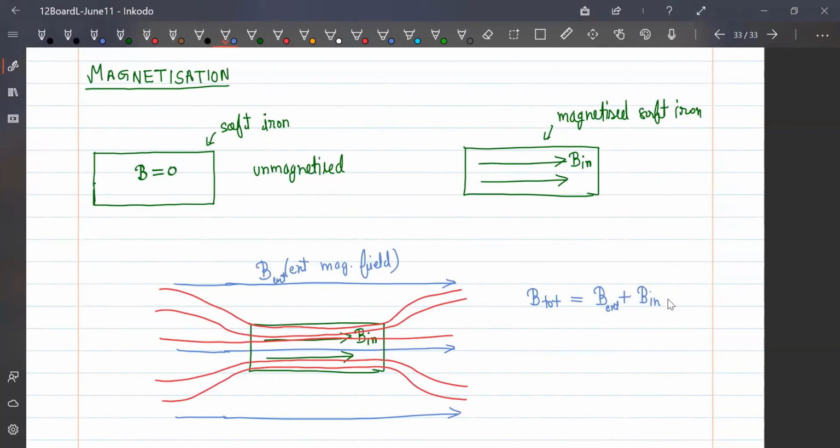And this will happen even if the soft iron is unmagnetized. When an unmagnetized soft iron is kept in a magnetic field, it becomes magnetized. To understand how this happens, we're going to define some terms, and after we have understood those terminologies, the language of this topic, we will come back to how this phenomenon happens.